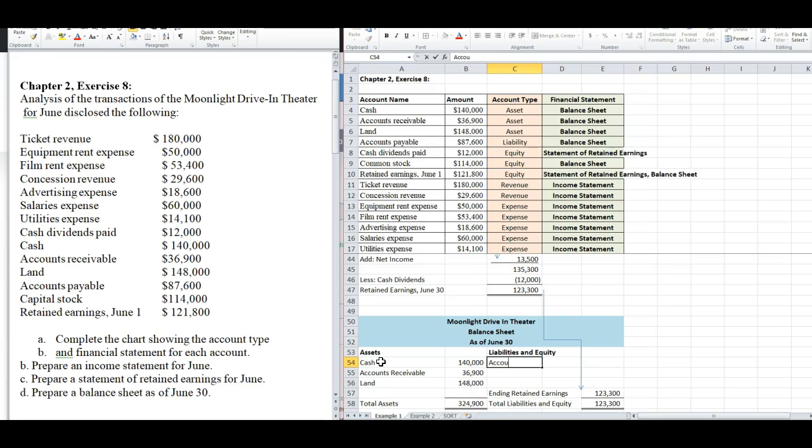For liabilities, we only had one, which was accounts payable. Accounts payable, up here, we can see $87,600. My common stock or capital stock account is $114,000.